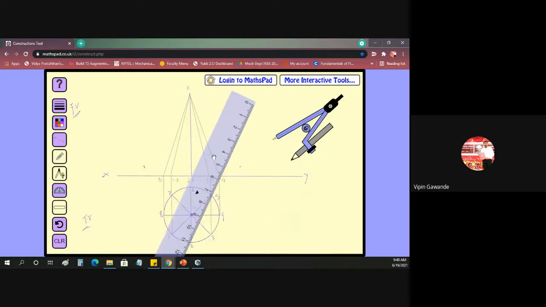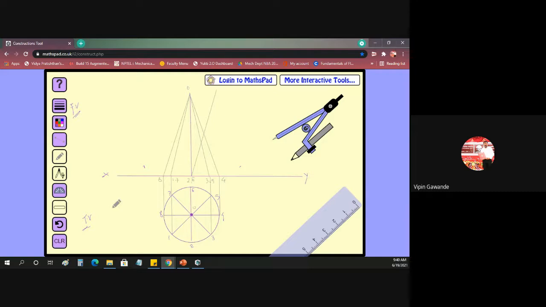For simplicity, take the axis height as 80 mm, so it will be easy for you to divide that into 8 parts.